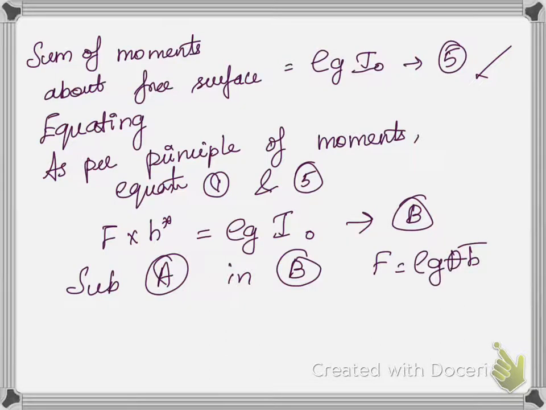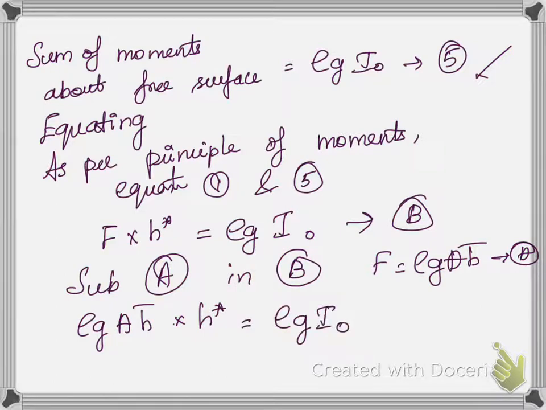This is my equation A. So instead of F, I am substituting rho G A H bar into H star is equal to rho G I naught. Now I'll keep H star on the left side, and bring all the other things to the right hand side. That is, H star will be equal to rho G I naught by rho G A H bar.